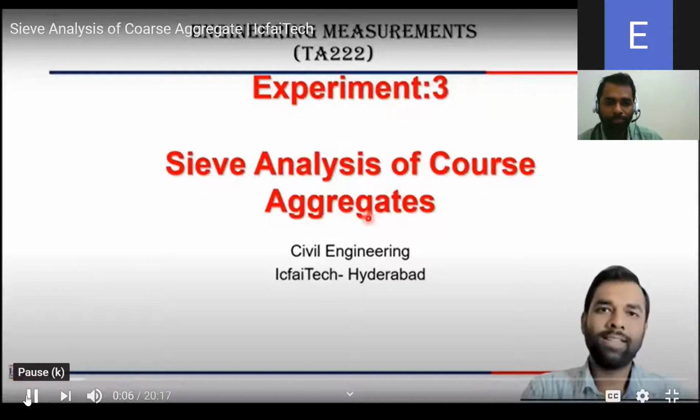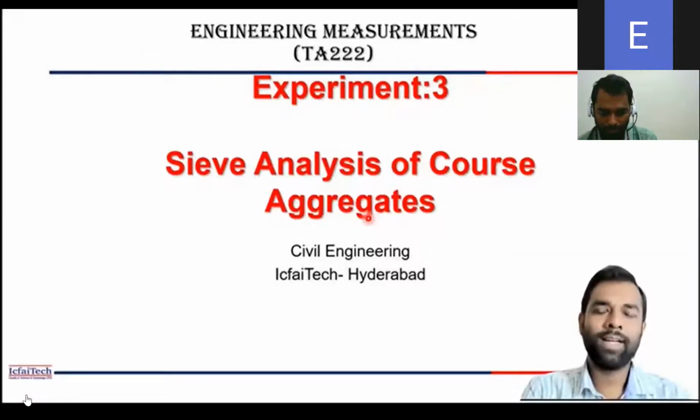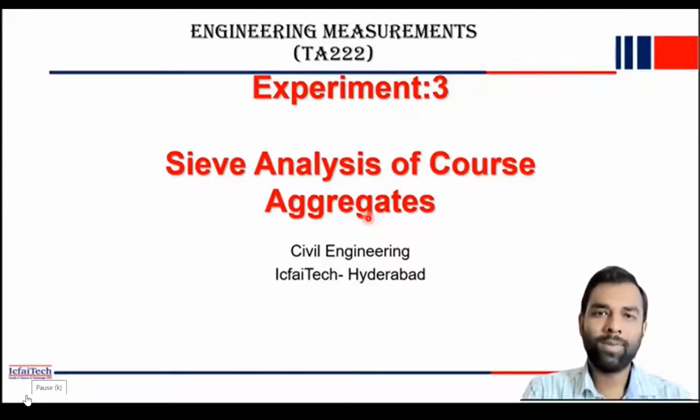So last class we have discussed about aggregates, how to find it out the specific gravity and water absorption of aggregate. So in this class we'll be discussing one more experiment on aggregate, that is the sieve analysis of codes aggregate. So if you recall, we have started our this codes, this lab experiment for civil. We listed total 10 experiments, out of which 6 will be the basically physical experiments, and remaining 4 will be MATLAB based experiments.